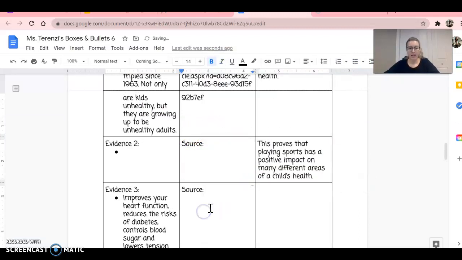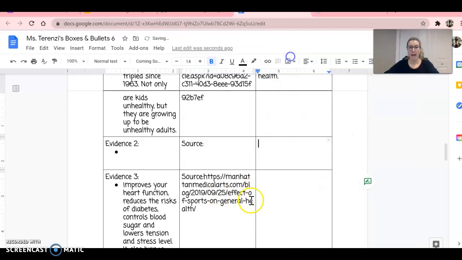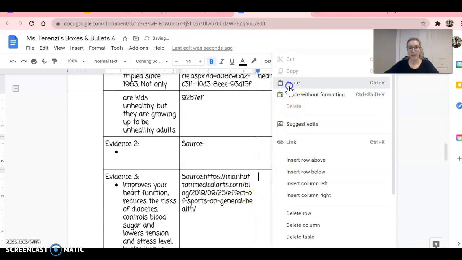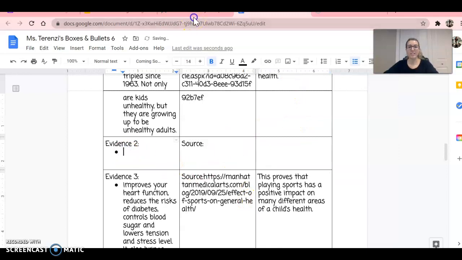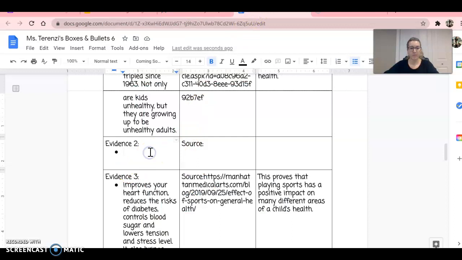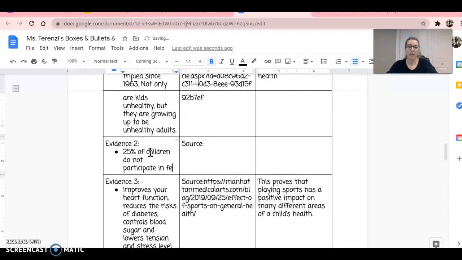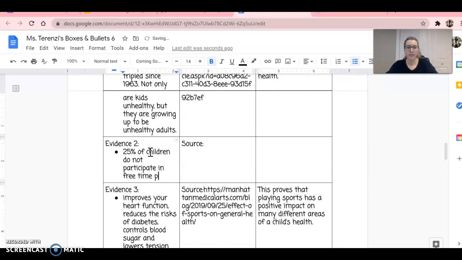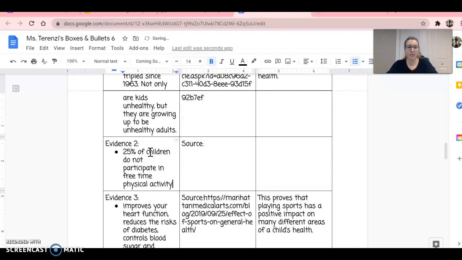childhood obesity. Then I'm going to prove that not many kids participate in sports, and then I'm going to prove that sports are very helpful. 25% of children do not participate in free time physical activity.